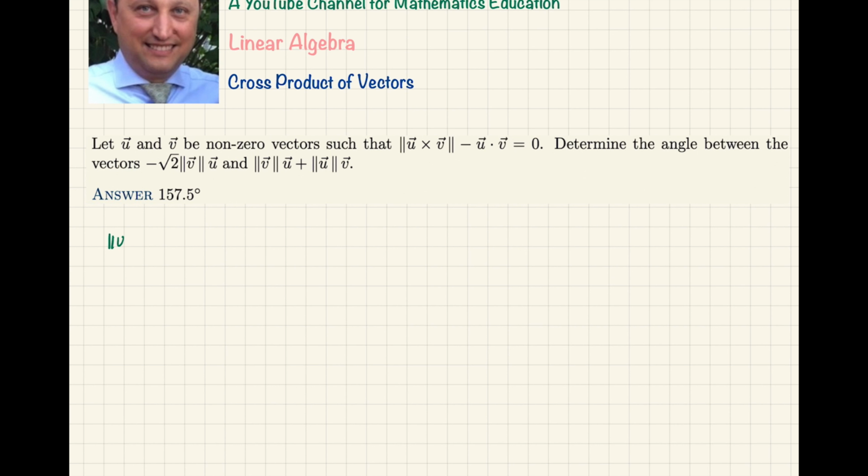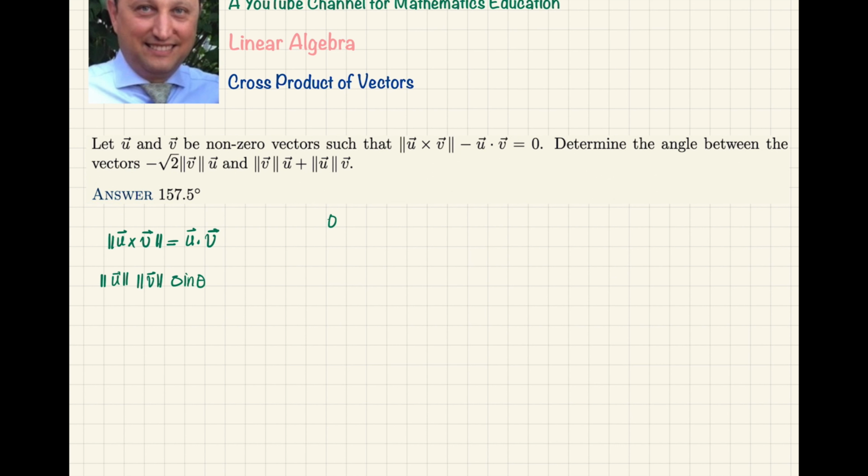This is my assumption that the norm of vector u cross v is equal to u dot v. Yes, I am moving minus u dot v to the other side, but you know the formula for the norm of cross product. It's the norm of the first vector multiplied by the norm of the second vector multiplied by the sine of the angle between them.